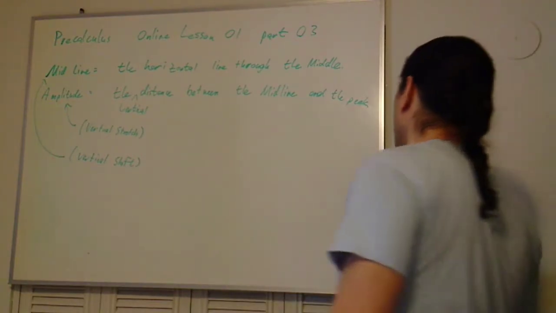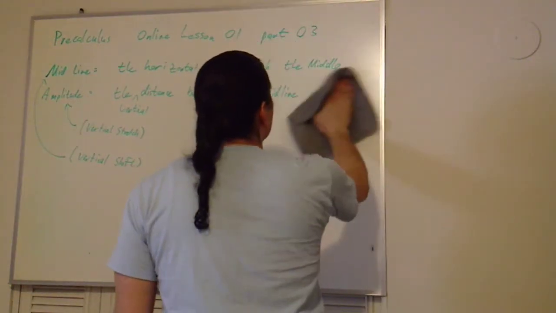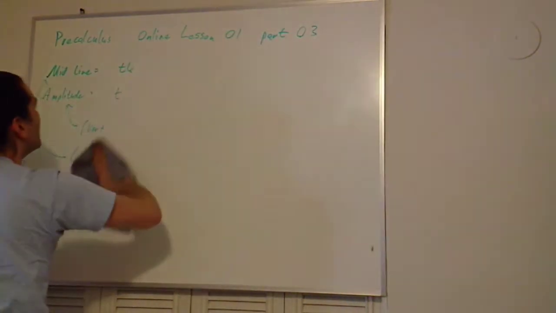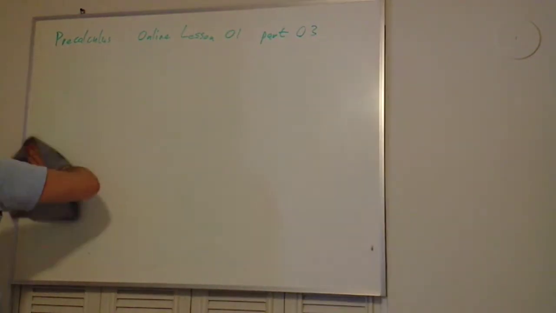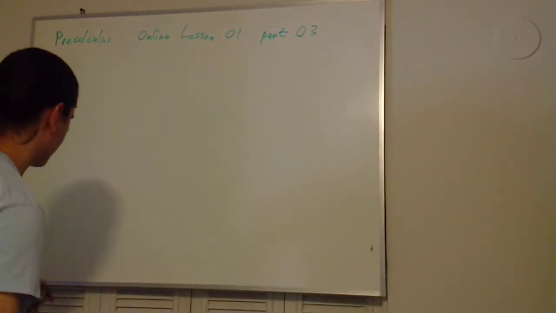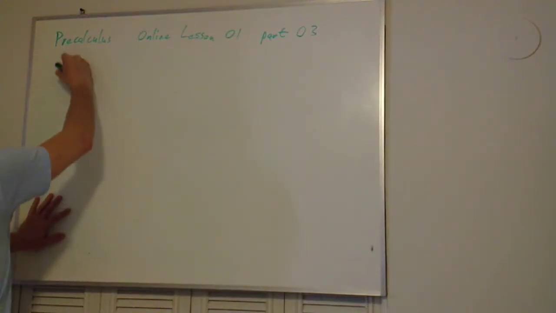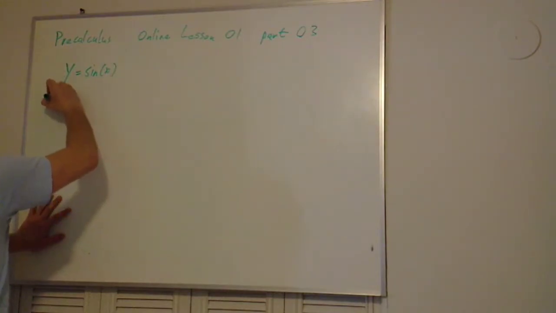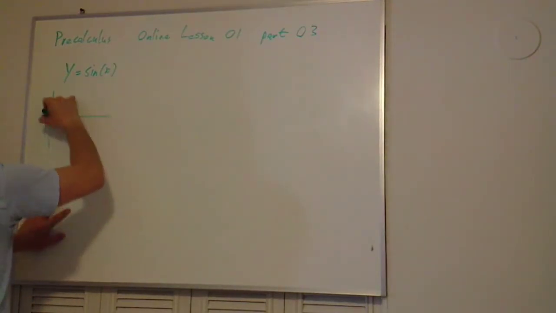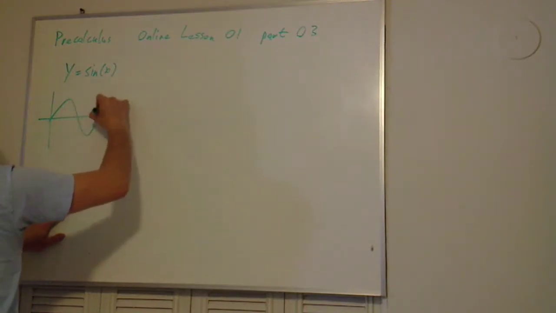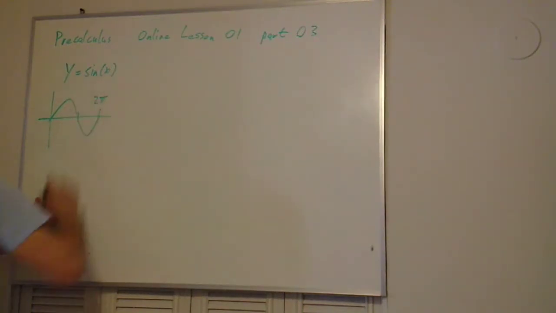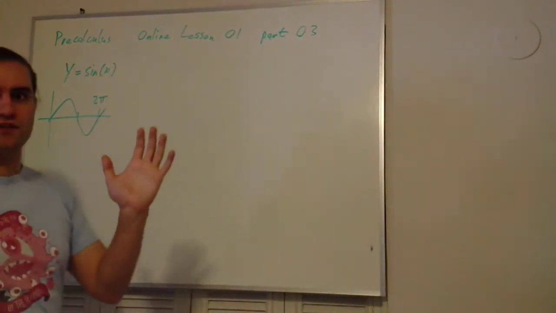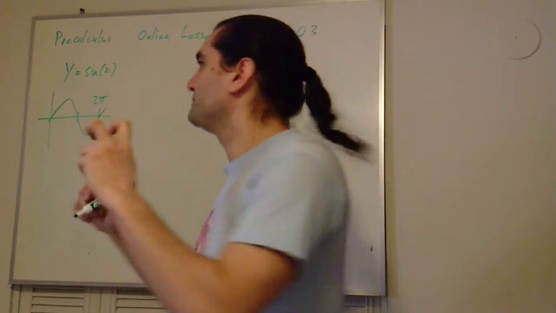So, let's talk about the next one. A standard sine function repeats every 2 pi units. 2 pi is called the period of the function.